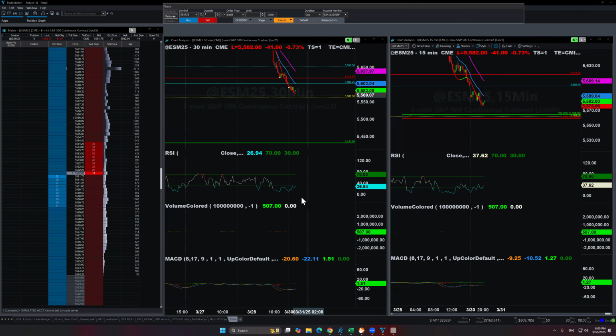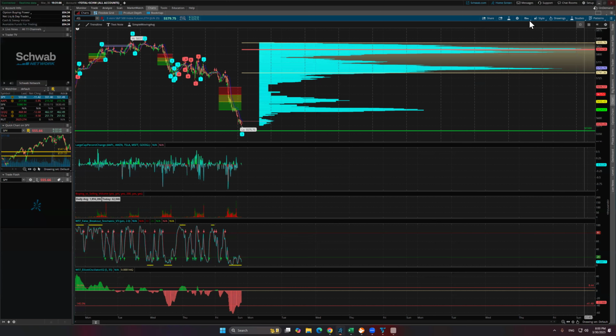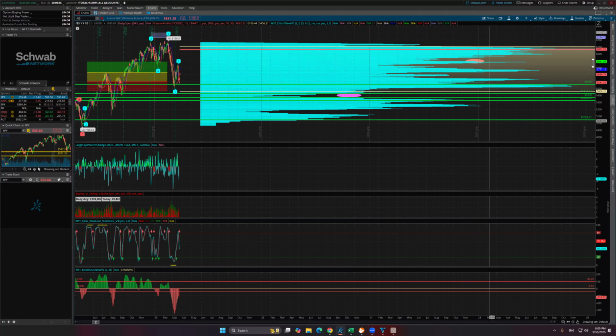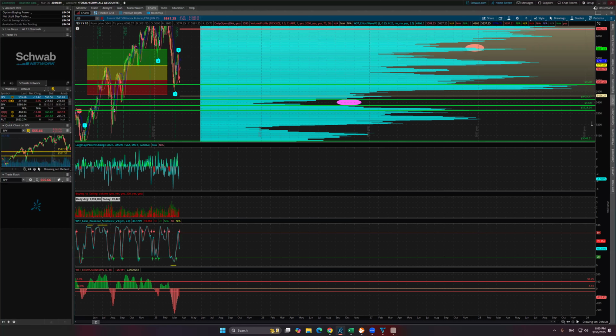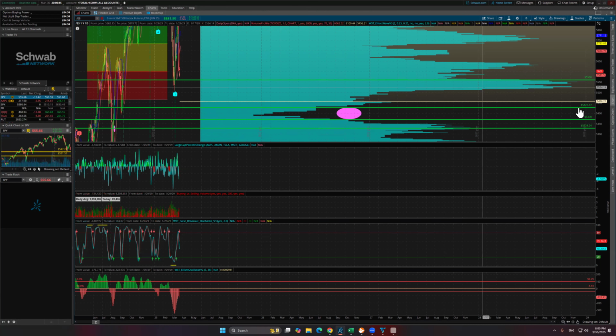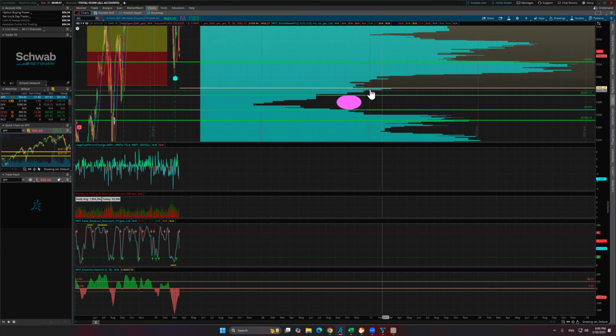Is the previous low. So really, where should I go? Let's look at daily. So daily, you can see the value area low is the 54.56, right? But the 54.56, very, very thin support here.